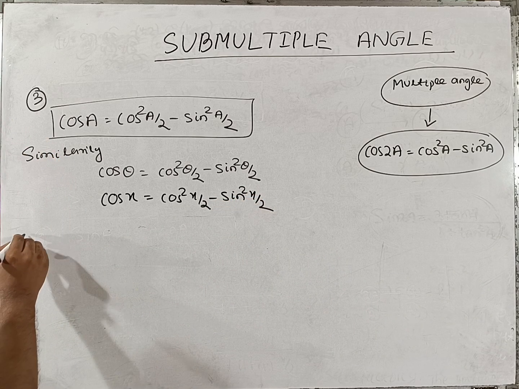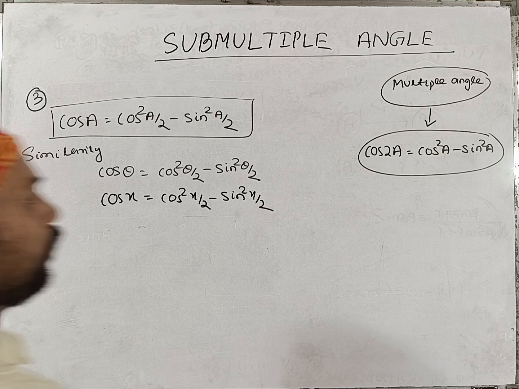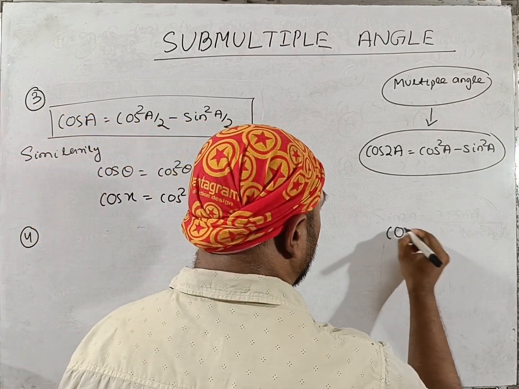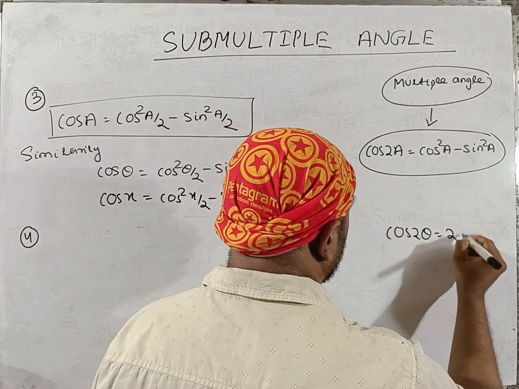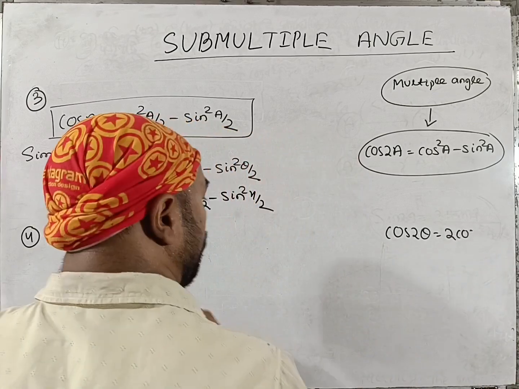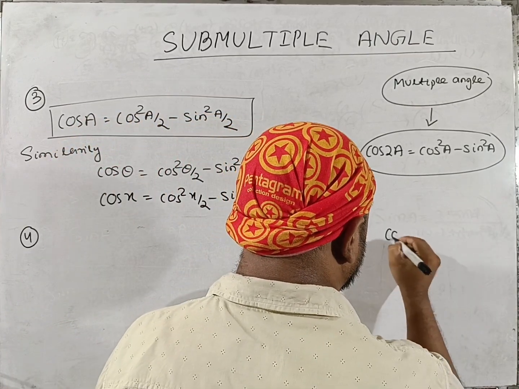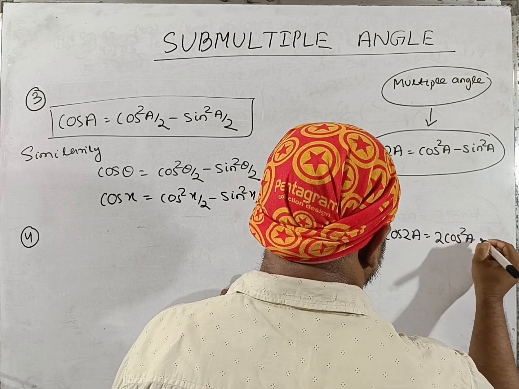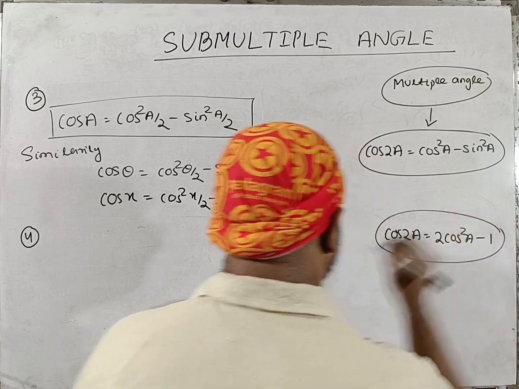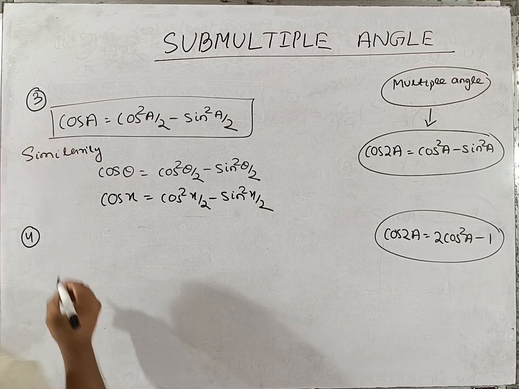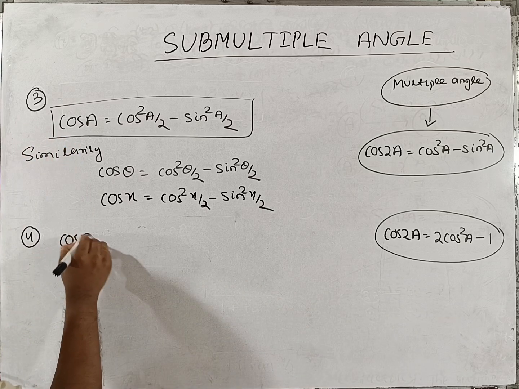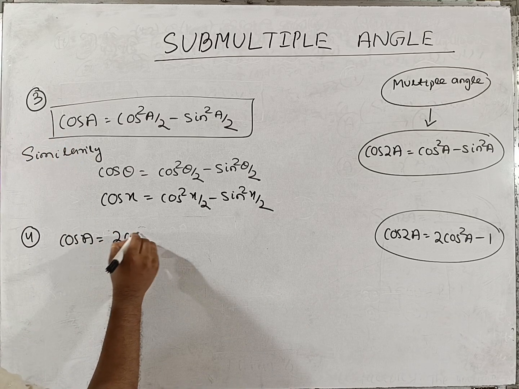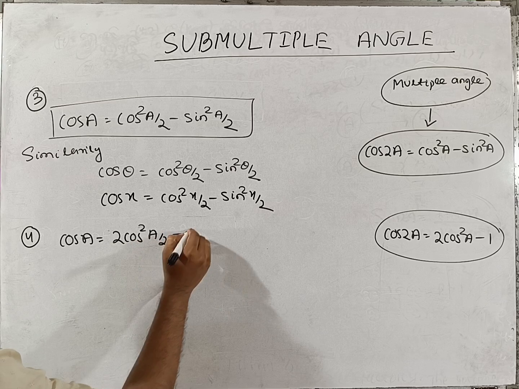Let us go through the fourth formula. We know that cos 2A is equal to 2 cos square A minus 1, and here it will be cos A is equal to 2 cos square A by 2 minus 1.